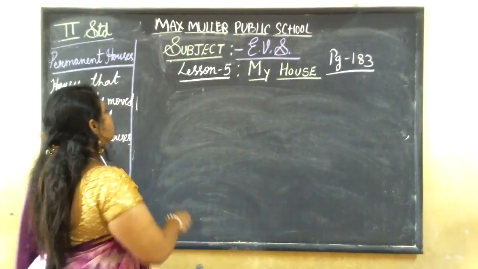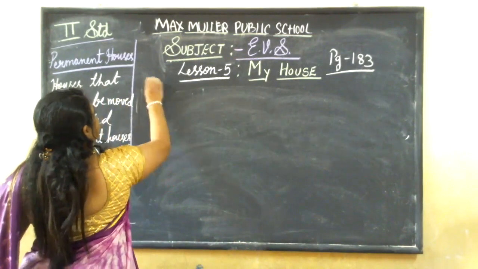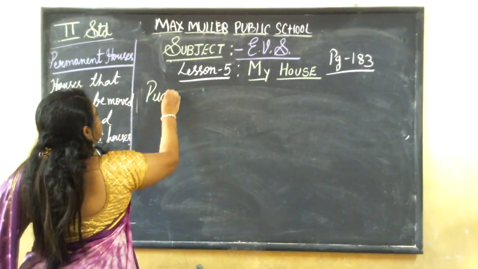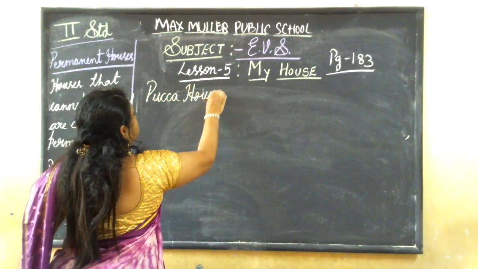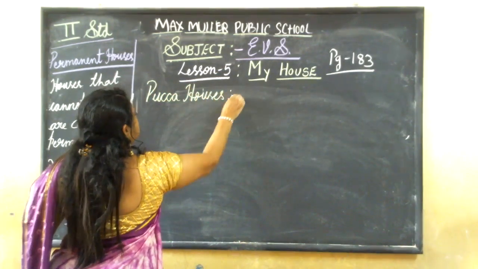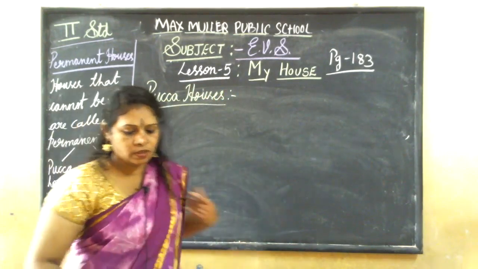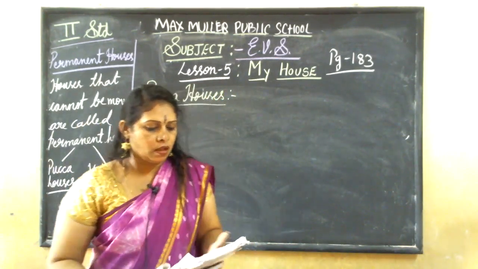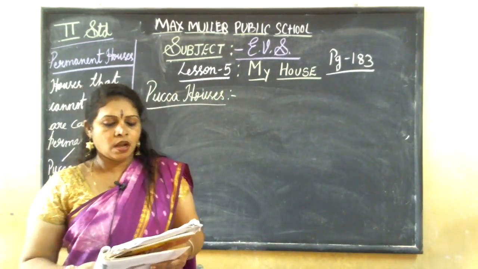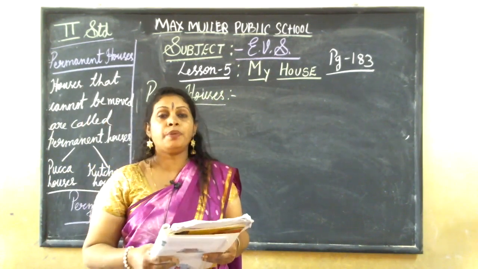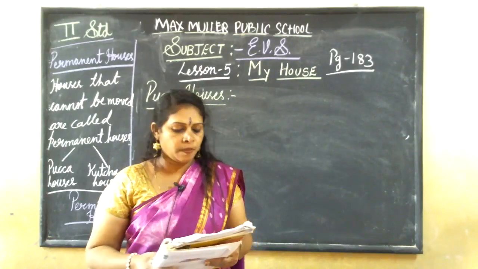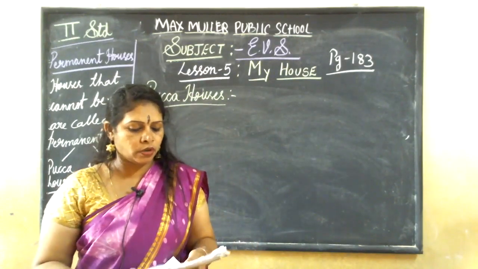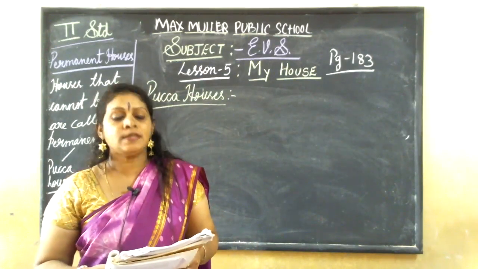Now, in that, first is Pucca houses. What are Pucca houses? In towns and cities, houses are made of brick, iron, cement, stone, and wood. These houses are very strong. They are very hot in summer.